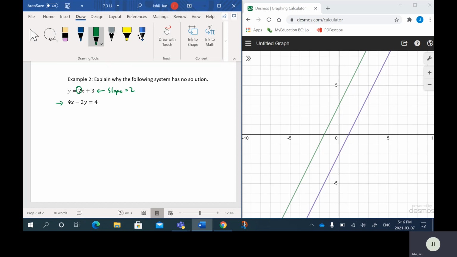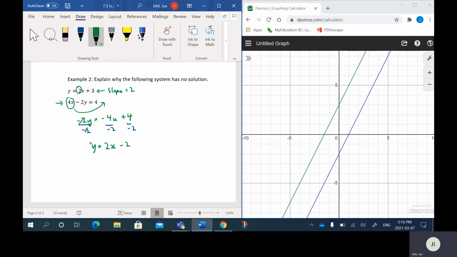So let's see what happens here. I'm going to move the 4x over. We get negative 2y equals negative 4x plus 4. Then I'm going to divide through by negative 2. And we get y equals, since negative 4 divided by negative 2 is positive 2, 2x minus 2.